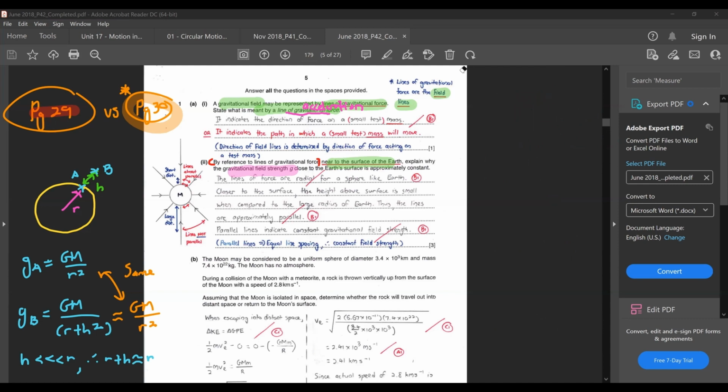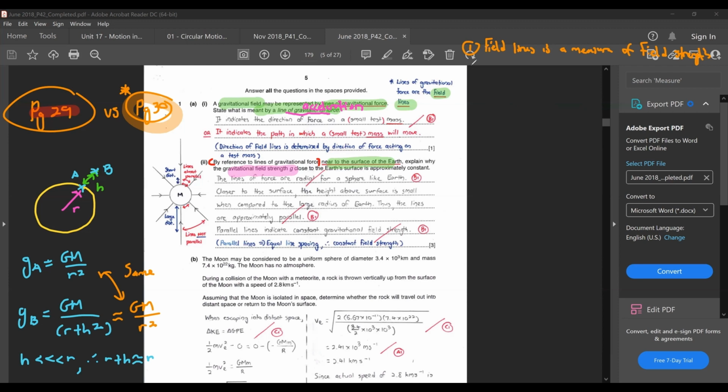I mentioned to you that field lines are a measure of field strength.